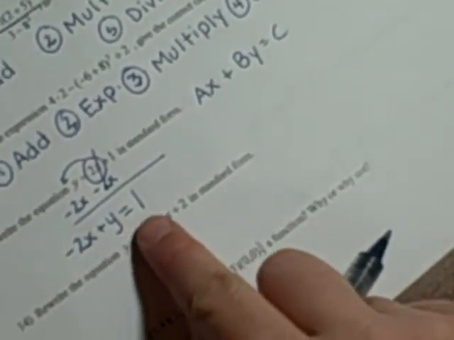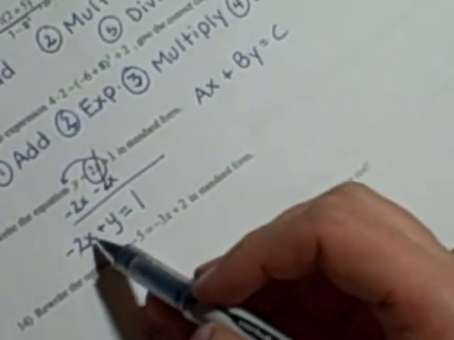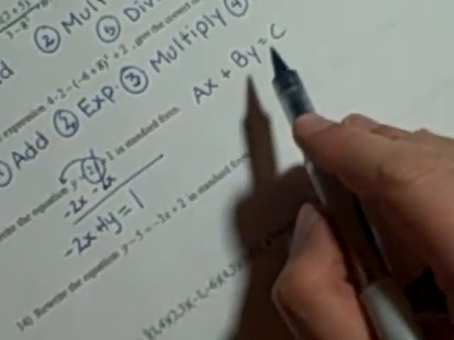Hopefully you can see that now this format matches this. I have something times x plus, and this is really like a 1 here in front of that y. You don't need the 1, but just so you can see how it matches up with that. Something times y equals something.